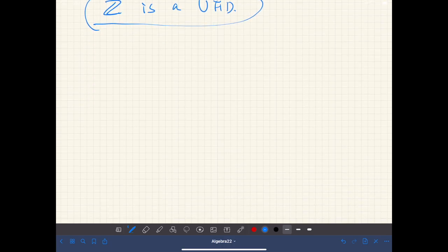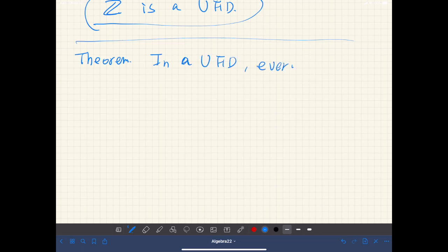Now, it turns out there's a nice property in a unique factorization domain. This theorem says in a unique factorization domain, every irreducible element is a prime.